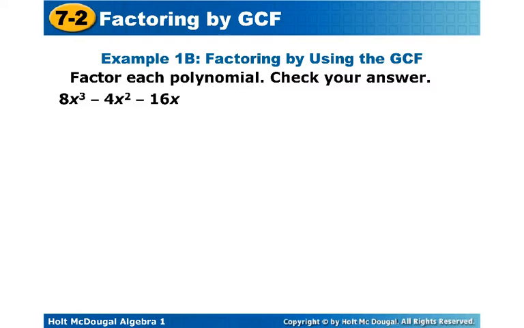So the next example we're going to look at is 8x cubed minus 4x squared minus 16x. Now some of you just looking at this probably can already see what your GCF is going to be. And you don't have to list all the prime factorizations, okay? You guys could be at the point where you're just noticing what your GCF is going to be, and then you can go from there. So first, what I like to do, instead of having to list all the prime factorization, is look at the values of my numbers. So I look and I go 8, 4, 16.